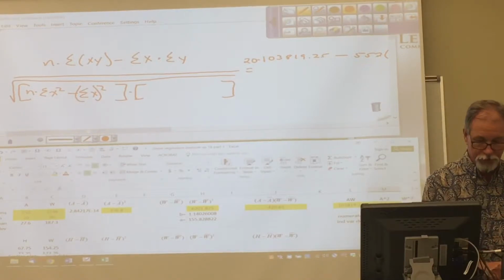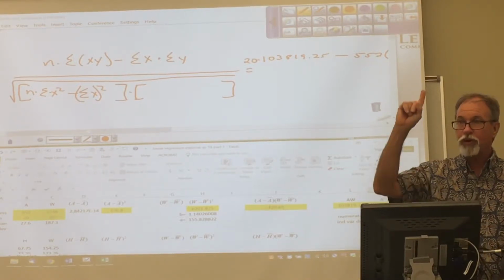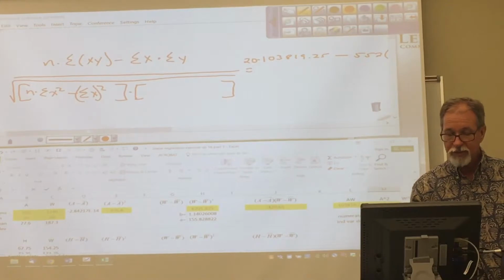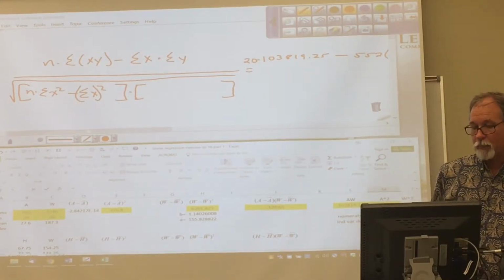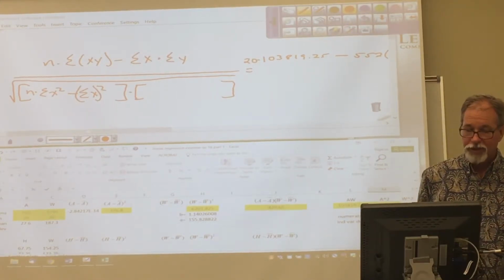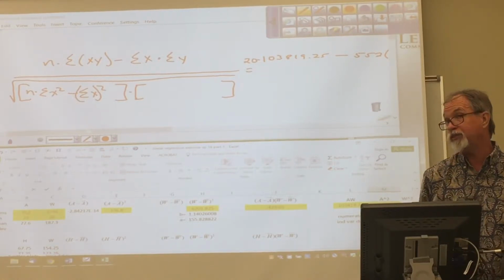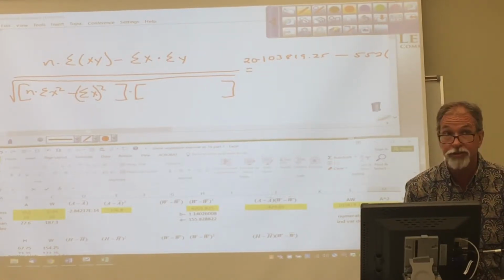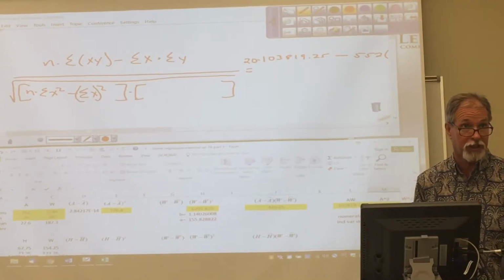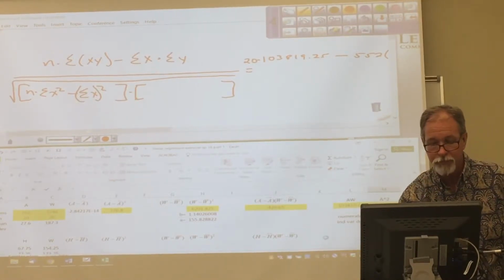So in this particular case, I'm going to take equals. Where do I find my n? It's either in A47 or C47. It doesn't really matter which of the two counts I use, they're both going to be the same.